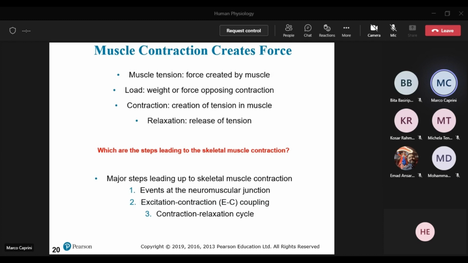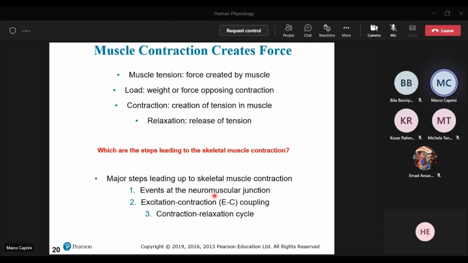And now, which are the steps leading to skeletal muscle contraction? There are events at the neuromuscular junction. We already described this point a little bit, but we will analyze it deeply now, because we know all the players now in the neuromuscular junction. So the first step is the conversion of an electrical signal, the action potential coming from the motor neuron along the somatic neuron, into a chemical release of a neurotransmitter.